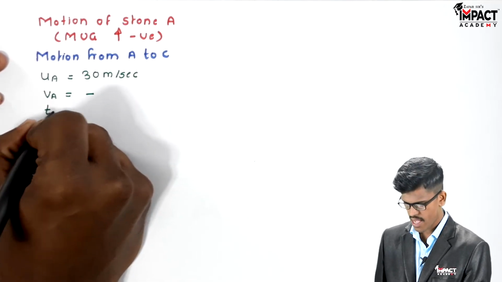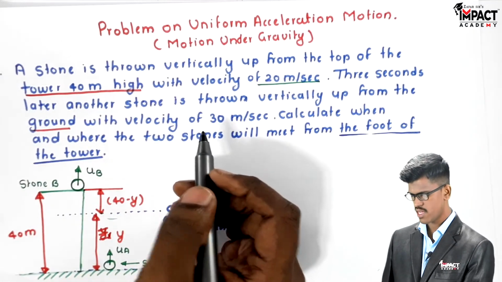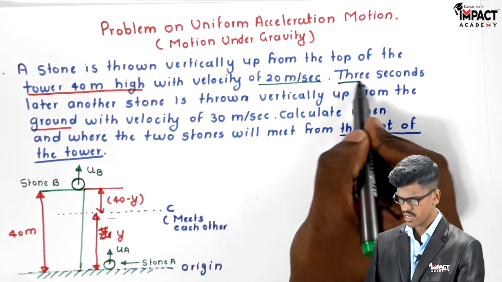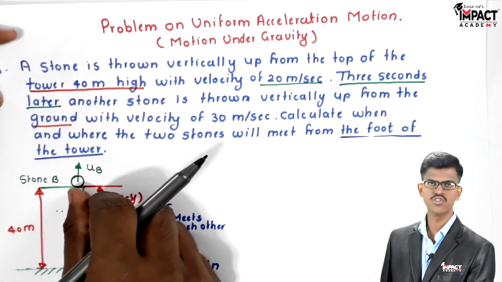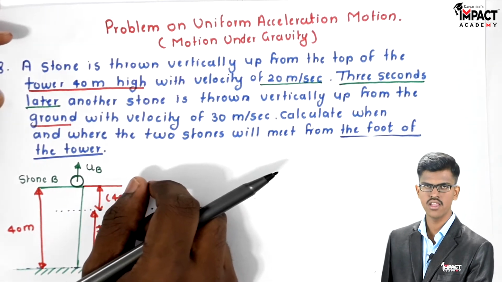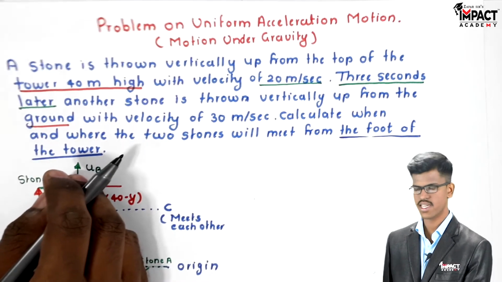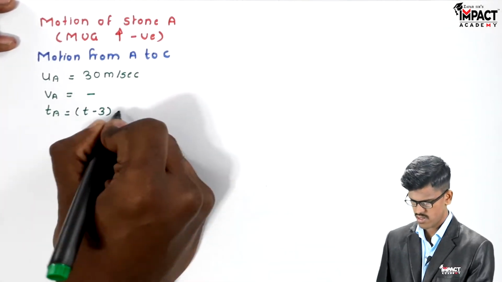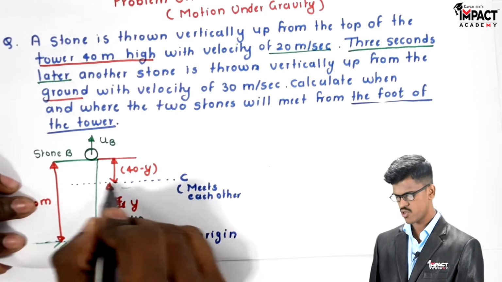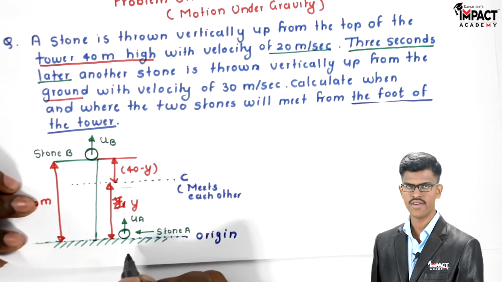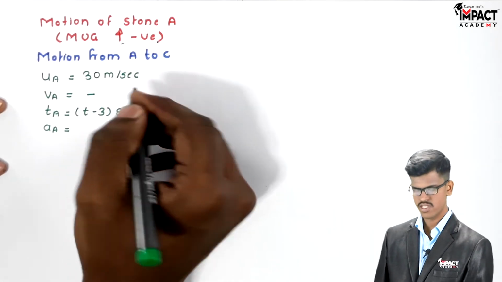Then time required for A: since in the question they mention stone A is thrown after 3 seconds, it means if stone B is in motion for t1 seconds, then stone A will be in motion for t1 minus 3 seconds. Now acceleration of A: from position A to position C, it is a motion against the gravity, so we have to consider a negative value of g.